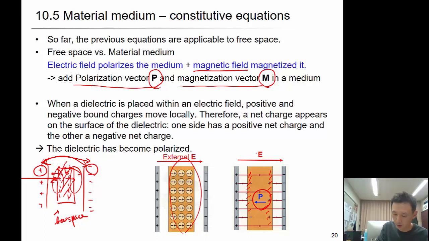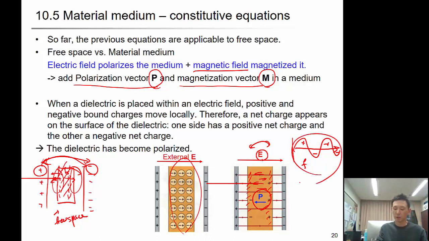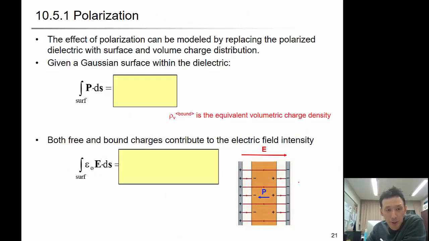And you can think this E is changing like this, like a sinusoidal function, plus minus with some frequency f, then this polarization will change with this external electrical field. The effect of polarization can be modeled by replacing the polarized dielectric with surface and volume charge distribution.